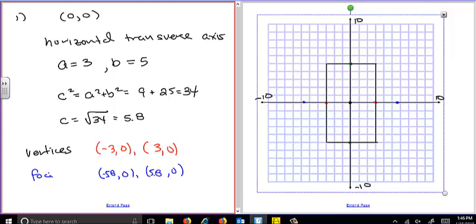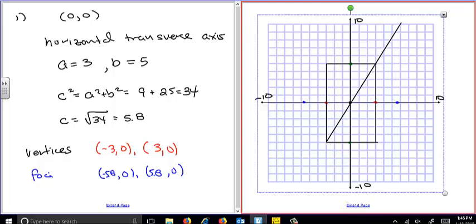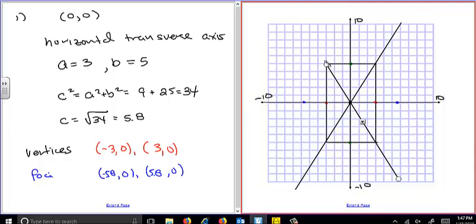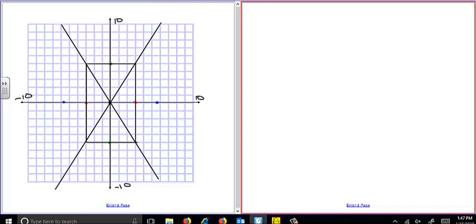Now the equations for the asymptotes, so there you have that one, and you have that one. Now I'm going to show you how to use the formulas. There were two formulas for the equations for the asymptotes, one for a horizontal transverse axis and one for vertical.